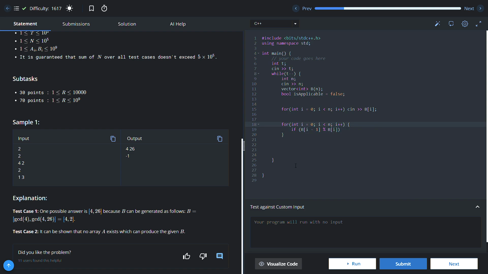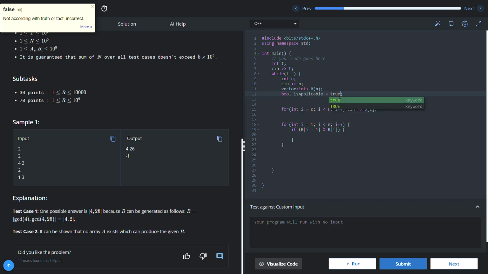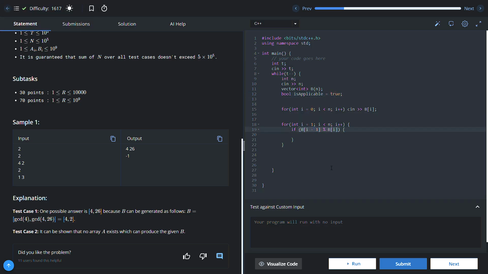So we can iterate over 1 to n. If applicable, we can also put not equal to 0, then this is applicable to false.